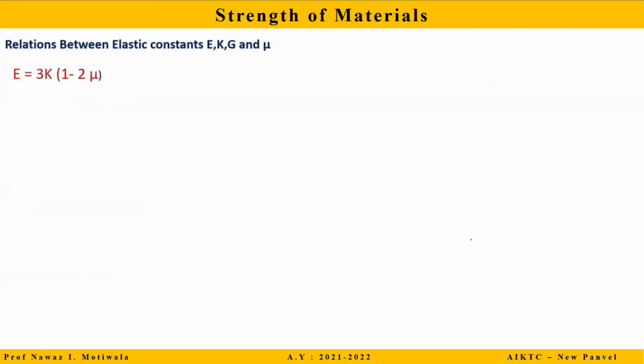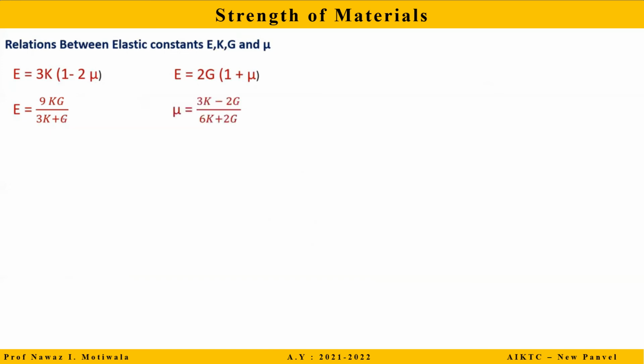So the relation is E is equal to 3K into 1 minus 2 mu. It is the relation between E and K. The next relation is between E and G, which is E is equal to 2G into 1 plus mu. And the third relation is between E and K, G both. So E is equal to 9KG divided by 3K plus G.